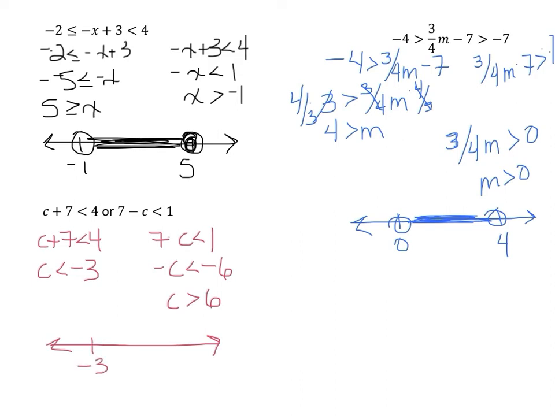There's -3. There's 6. Now this is an or statement, so I need a value of c that's either less than -3 or that's greater than 6. So we end up with rabbit ears.